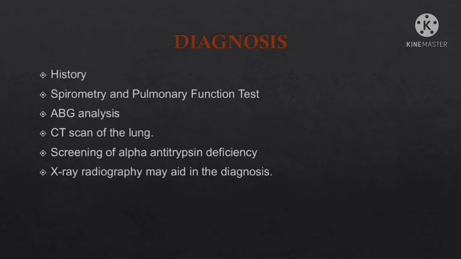Then we have the screening of the alpha antitrypsin deficiency because the panlobular is commonly observed in the patient with alpha antitrypsin deficiency. Then next is the X-ray. The X-ray radiography may aid in the diagnosis. It can help diagnose the moderate or severe cases.